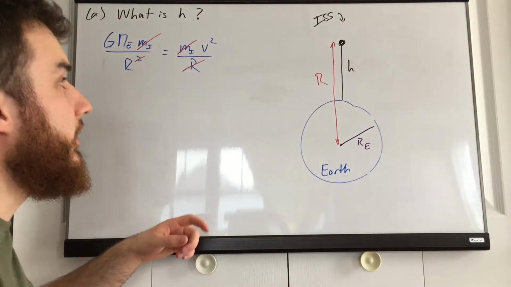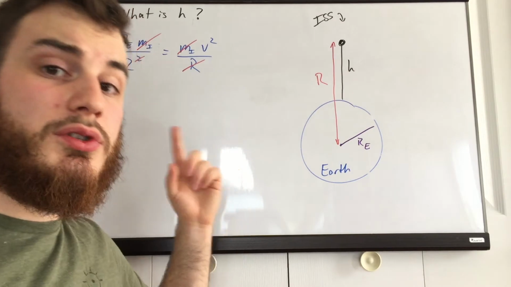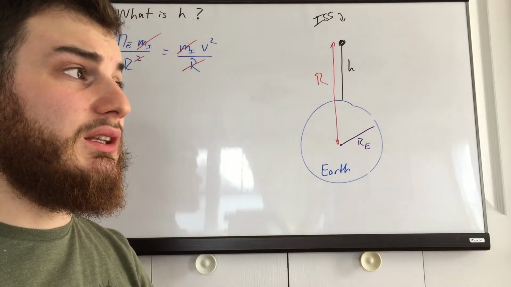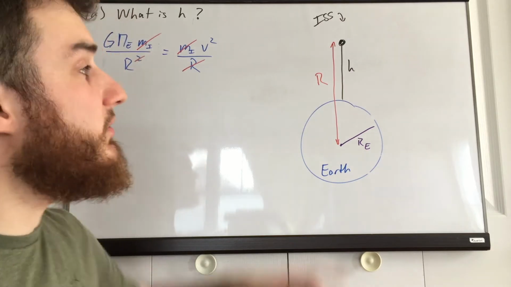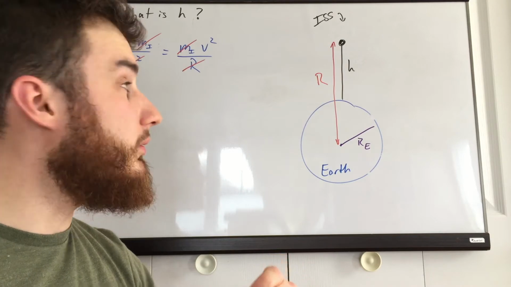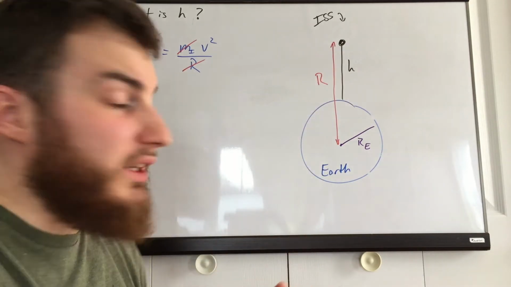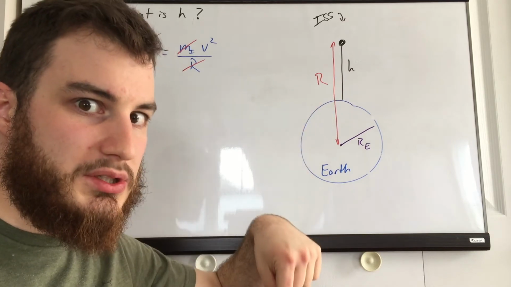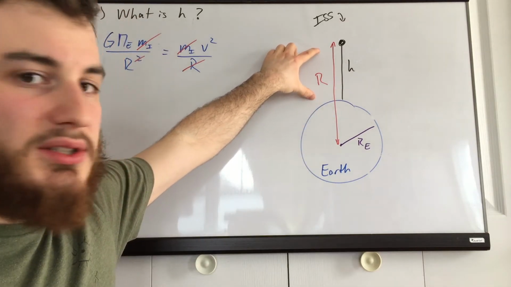Remember that whenever you have Newton's universal law of gravitation, what's important is to have the center-to-center distance. For the ISS that we consider so small, we consider it as a point particle. This point here, it's all of it. For the Earth, the center is, well, 6,000 kilometers down. The altitude is just this bit.